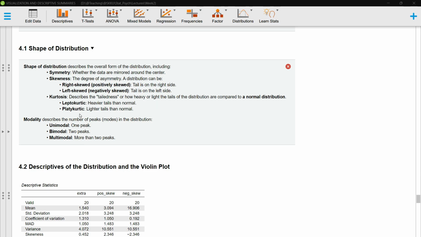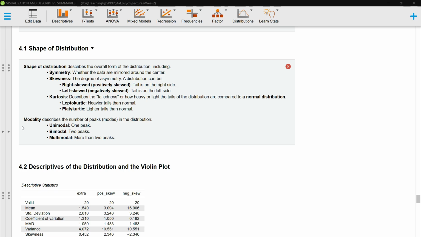And if the distribution has a shorter tail than the normal distribution, we call it platykurtic.